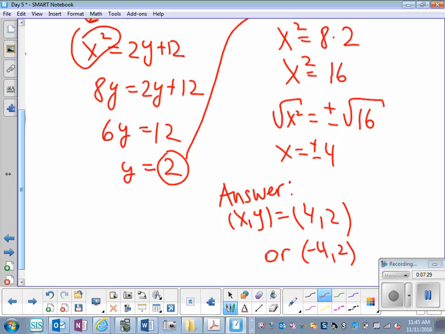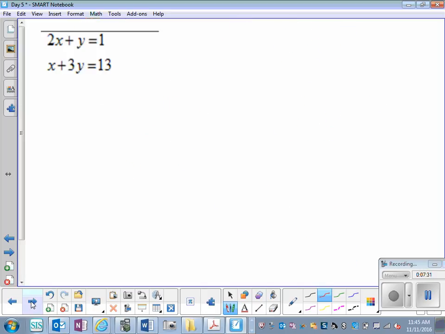Okay, let's do the next one. Two equations. How many solutions do you think we will have? Hmm? 2. If I graph this, what are my shapes?